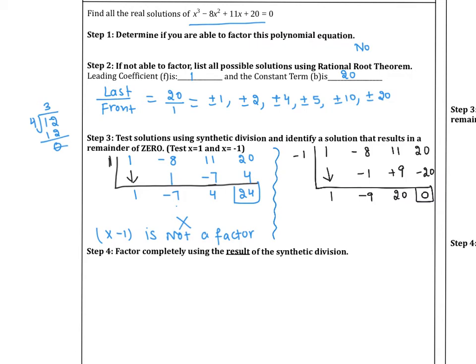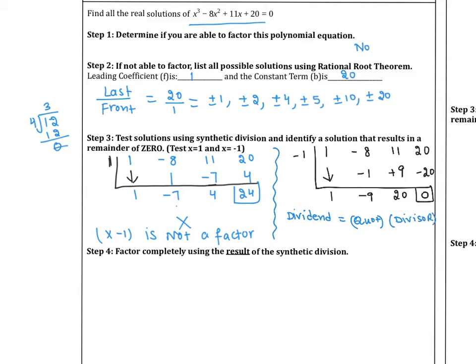Now this time the remainder came out 0. So the formula that I just discussed in the previous examples, in this case if the remainder is 0, then dividend equals quotient times divisor.